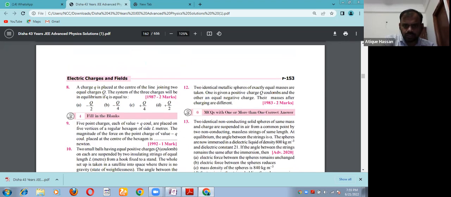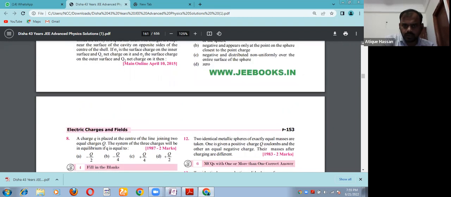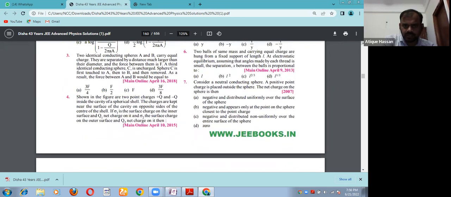Now see question number 7. It is a statement type of question. It says, consider a neutral conducting sphere.